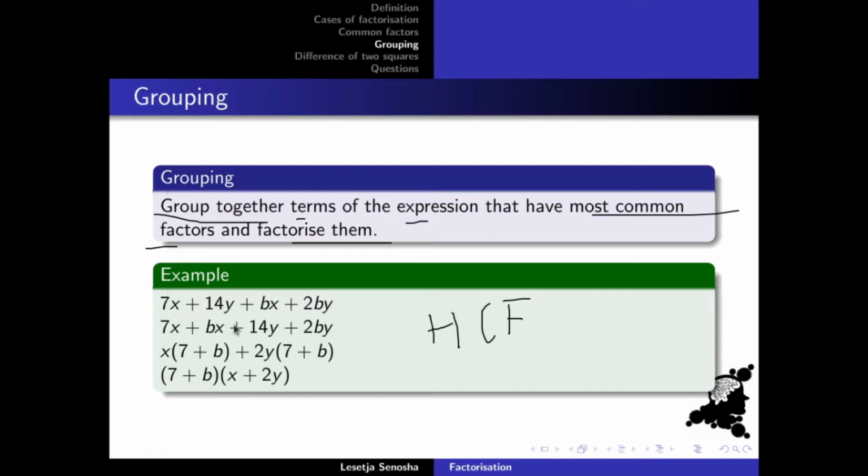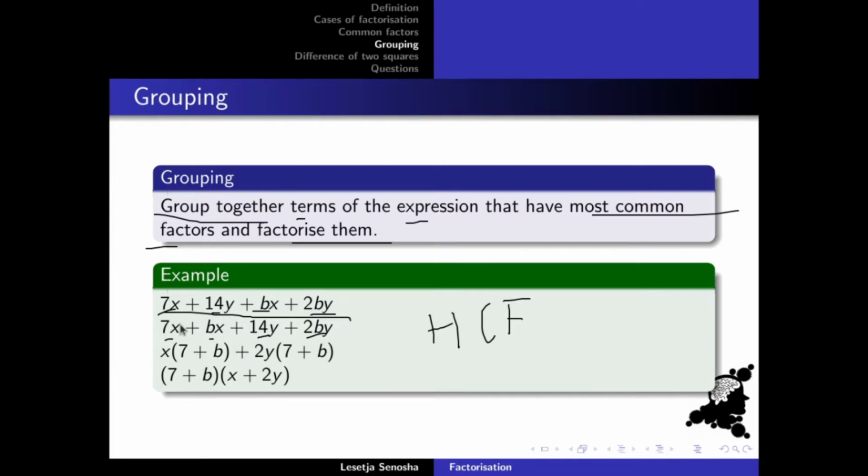Right, now in this case, as you can see, here's our big expression over here. What did we do? We grouped together bx and 7x. Here they are next to one another, and you group together 14y and 2by, and you group them next to one another. Here they are. Then from there we factored out what's common between them.